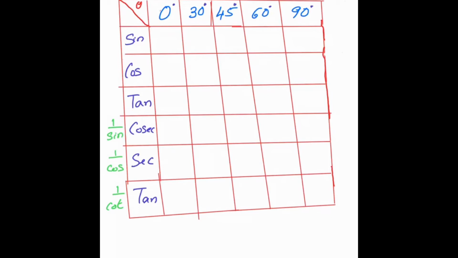So let's start writing the values. So sine 0 is 0 and cos 90 is 0. So this is how you can remember.